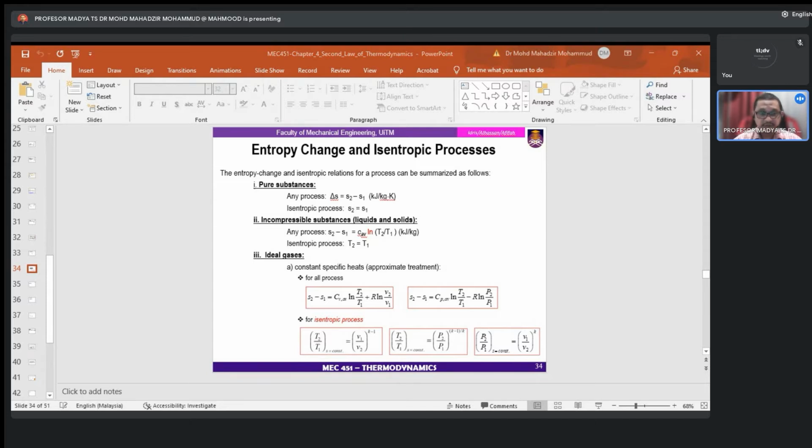The entropy change of the substance can be expressed in terms of other properties, but in general, these relations are too complicated and are not practical to use for hand calculations.